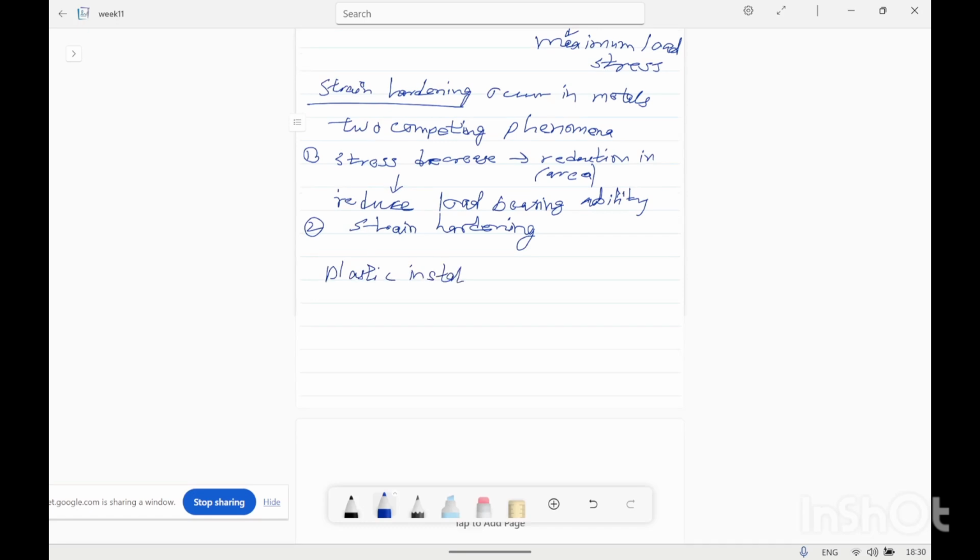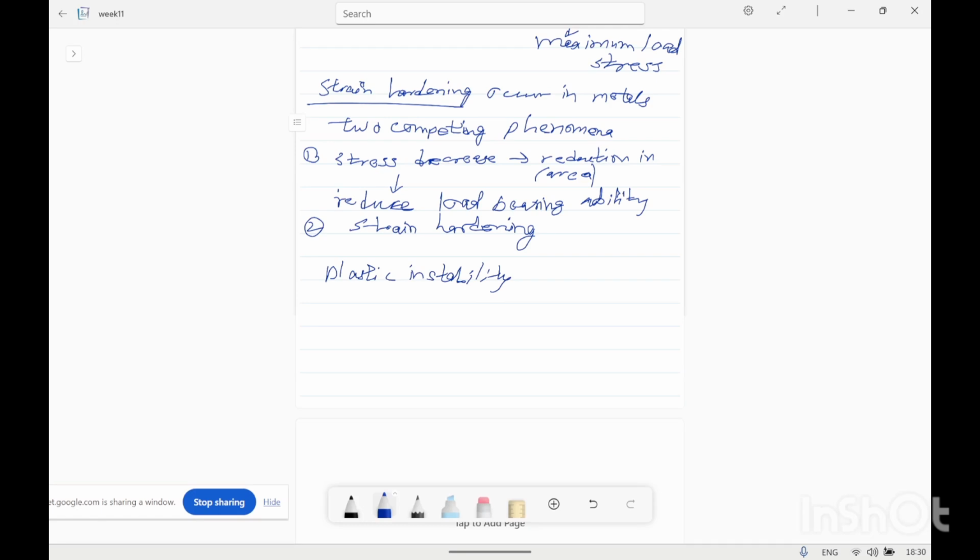During plastic deformation, the decrease in stress due to reduction in area at the necking region can be compensated by the increasing stress because of the strain hardening behavior of the metal.